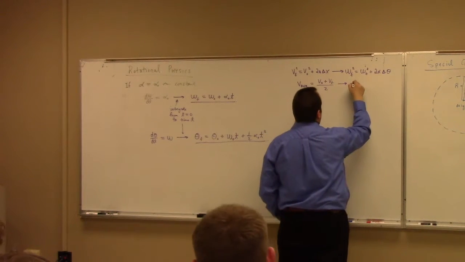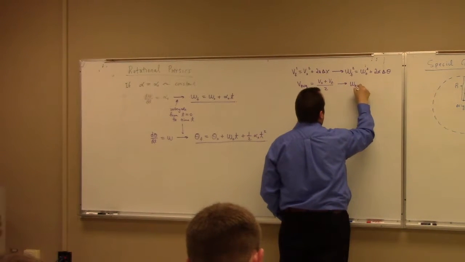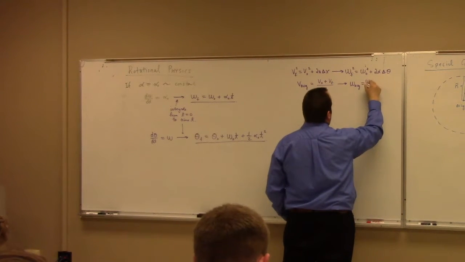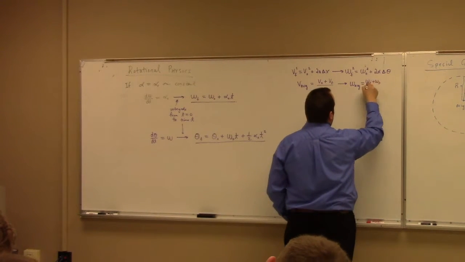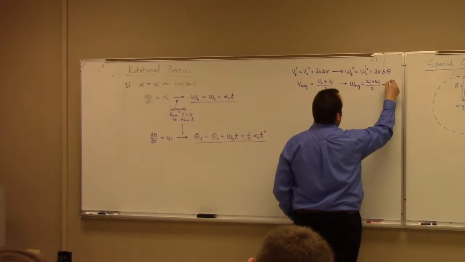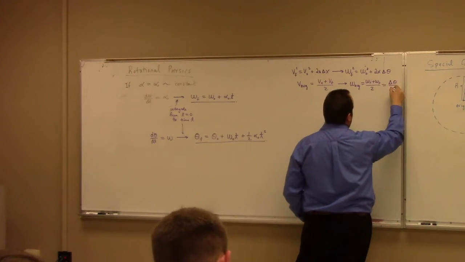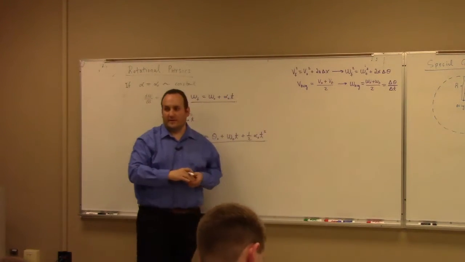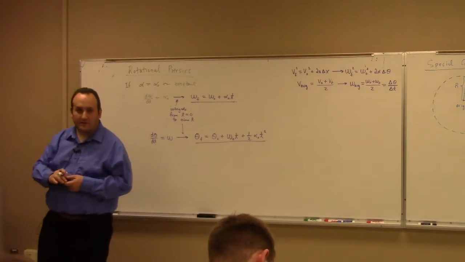That translates into the average omega is equal to omega naught plus omega f over 2. The average omega, by the way, is defined to be change in theta over change in t, just the same. That's the average angular velocity, change in theta divided by change in time that you're interested in.